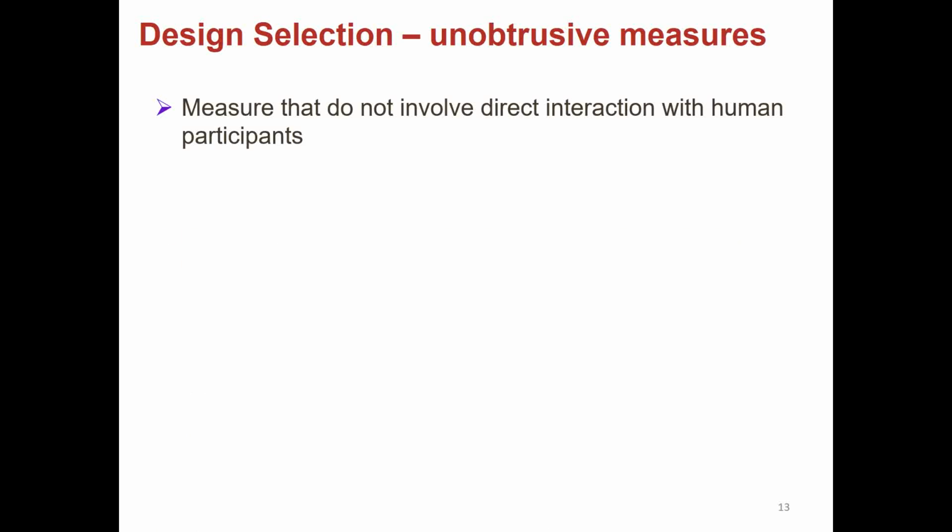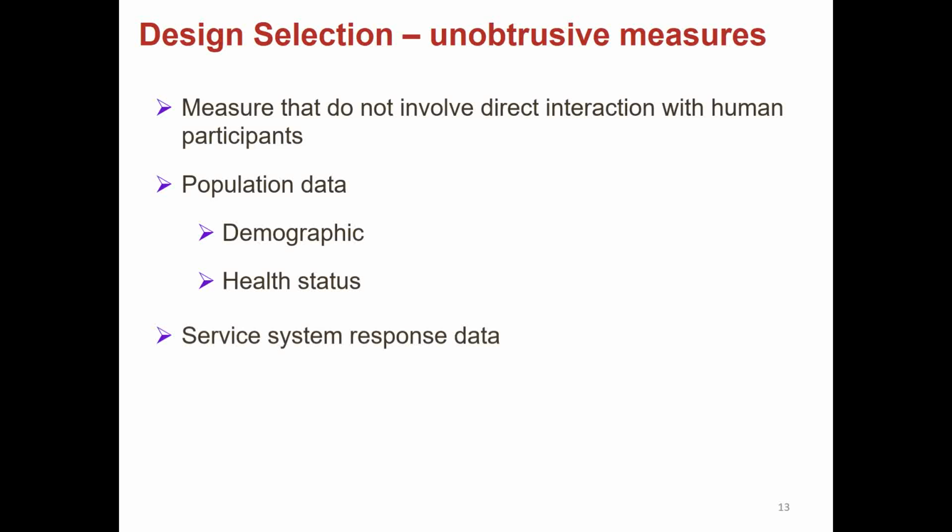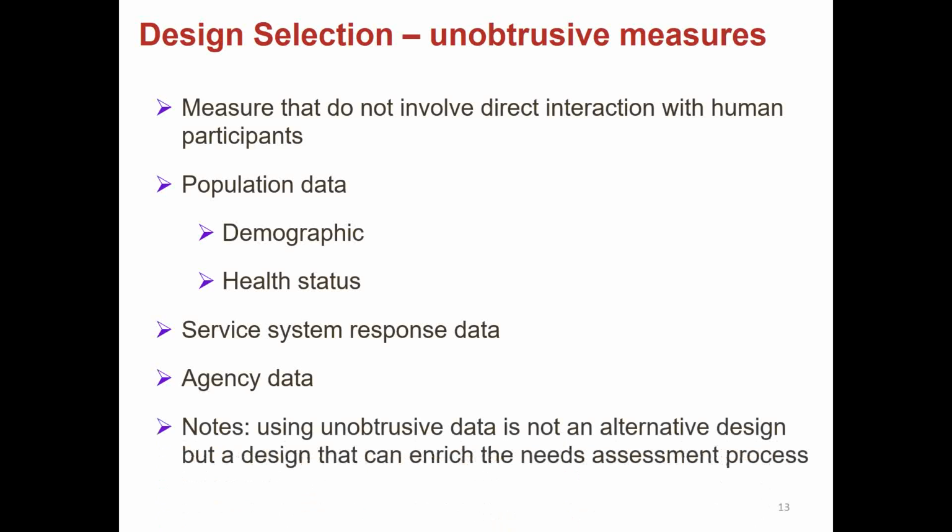In addition to conducting activities that will come into contact with human beings, we can also use data that already exists, such as population data, demographics, health status, and service system response data from the department or specific organizations and agencies.